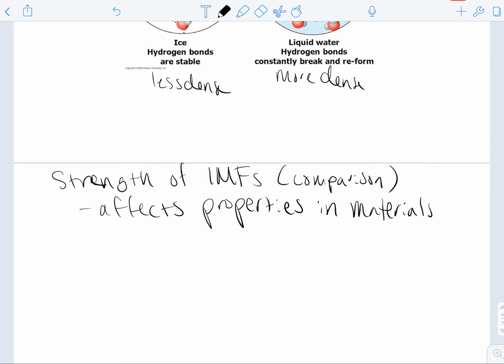As I said earlier, the stronger the force, the more things are held together. So if we have really strong intermolecular forces, we're going to have solids. If we have very weak intermolecular forces, we're going to have gases. Okay, so it's very important to look at these intermolecular forces because they're going to affect stuff like melting point and boiling point. We'll also look at some other things in liquids in another video.